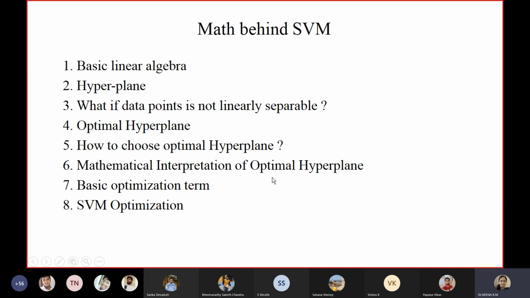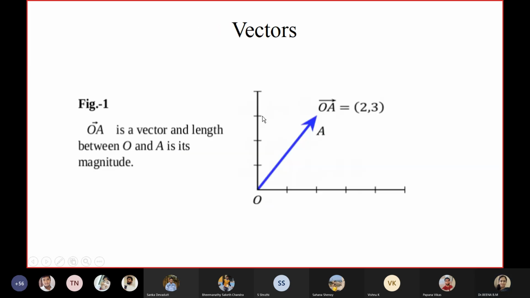So in this topic, basically you are going to study the mathematical equations behind the concepts. Vectors you already know, right? I need not explain it. Just to brush up, vectors are mathematical quantities which have both magnitude and direction. It is just a basic thing.